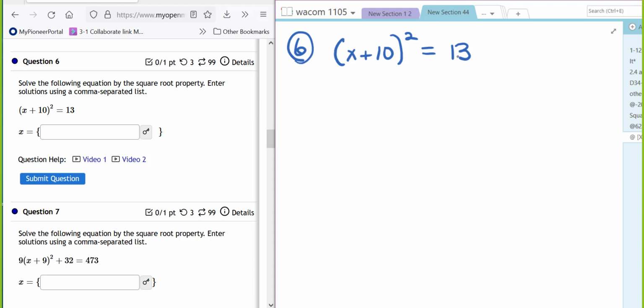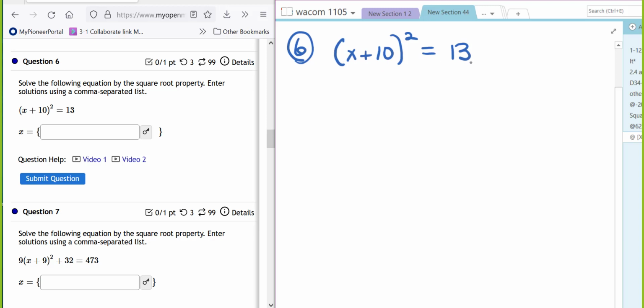I feel really bad when I see students multiply this out with FOIL, which you certainly can do, and then you can solve it a different way, but it's a lot more steps than you need. This one is a setup for the square root method because it's something squared equals a constant.